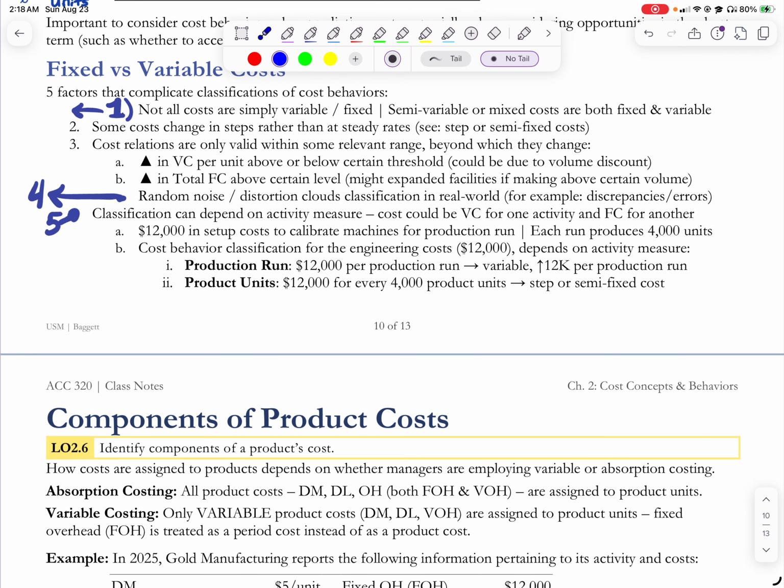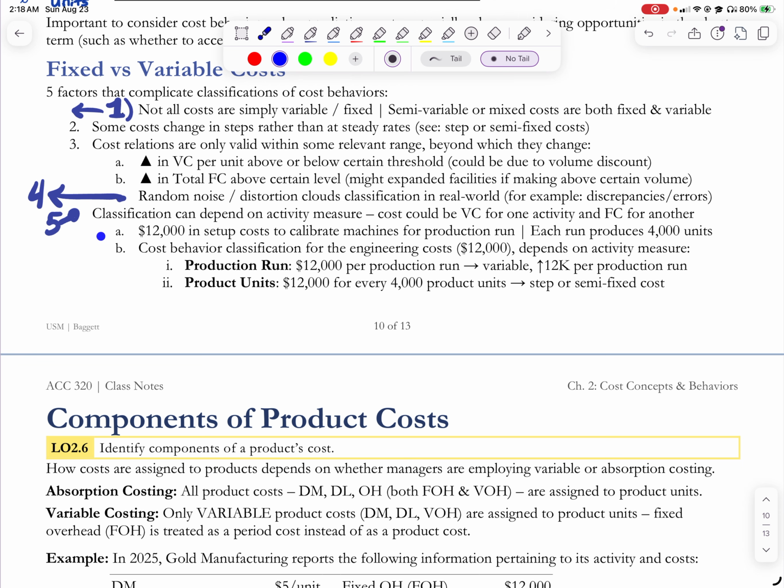It could be that a cost is defined as variable if you're measuring it in one activity, or it could be a fixed cost or a stepped cost if you look at it for another activity or volume measure.